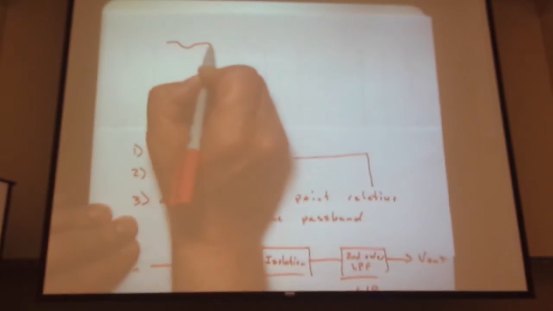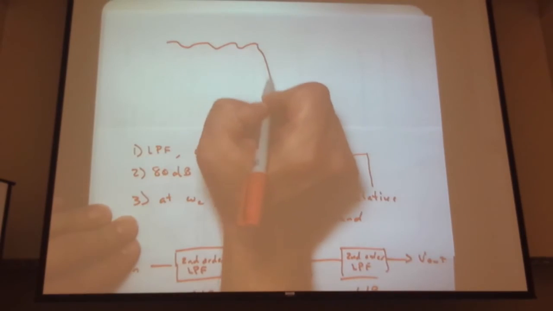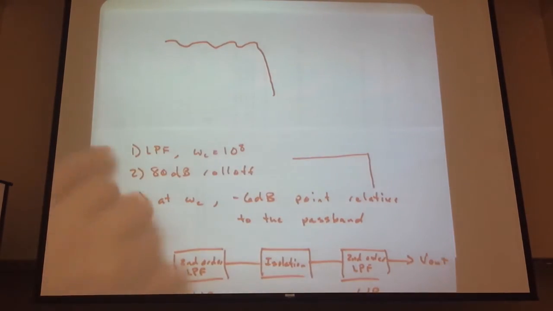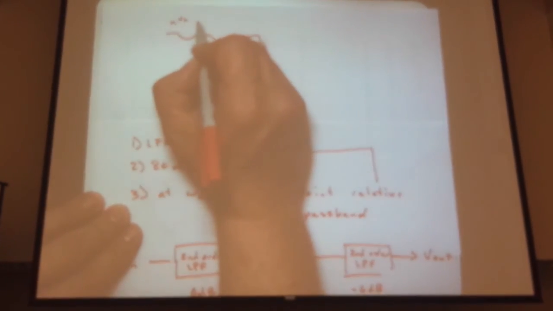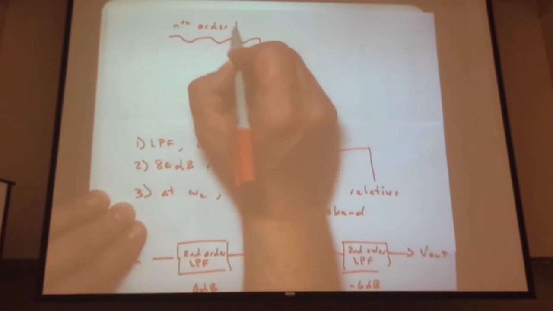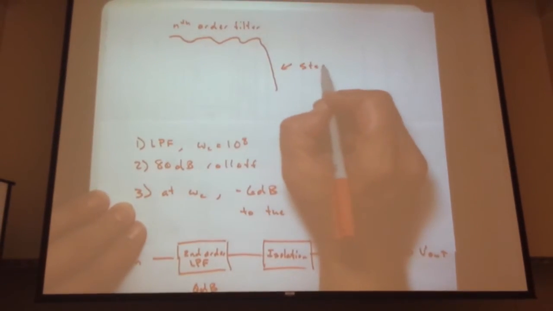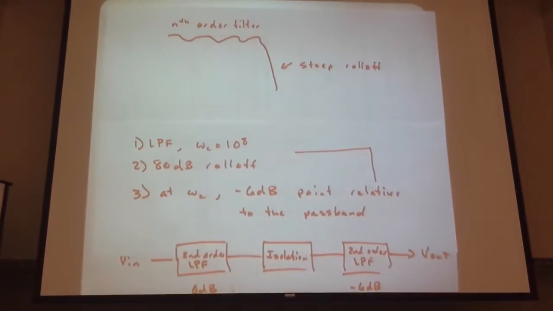You get a response like this, and a very steep roll-off. There's a whole collection of poles and some zeros in there. So this is an nth order filter, with poles and zeros and steep roll-off, say a 7th order filter or something like that.